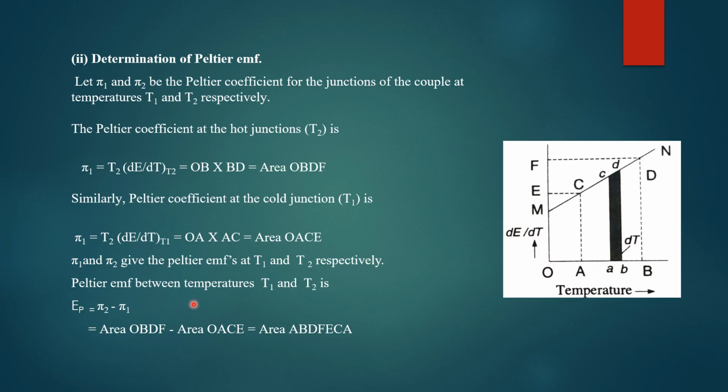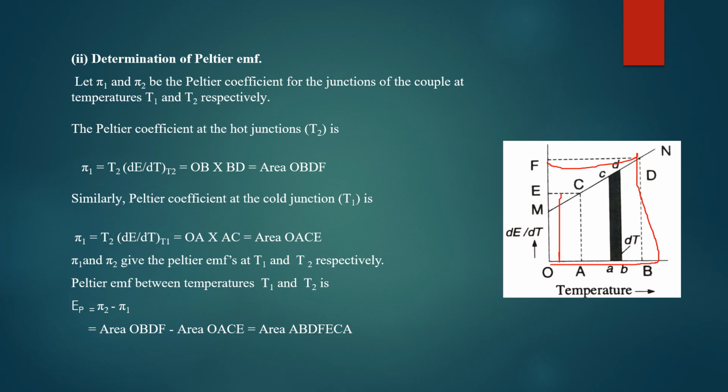Therefore, the Peltier EMF between the temperatures T1 and T2 is given by pi2 minus pi1, that is the area OBDF minus the area OACE.